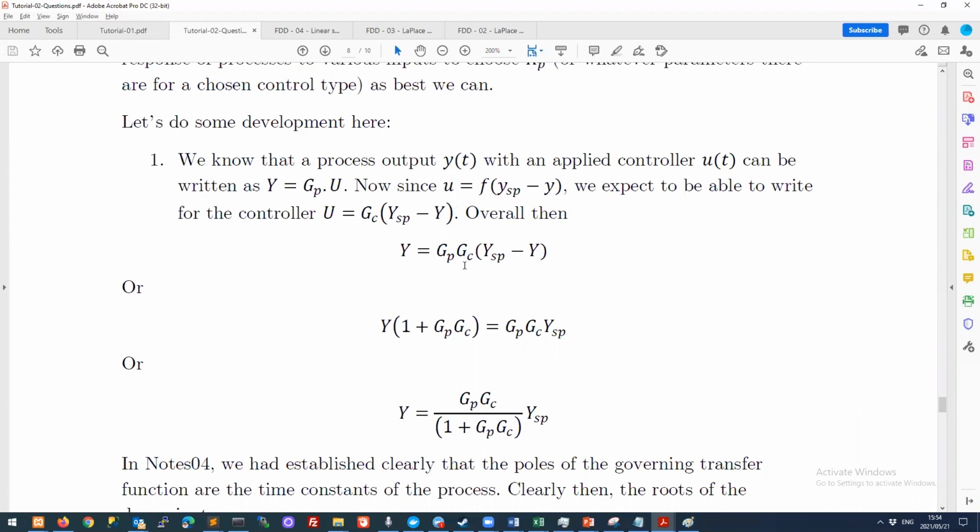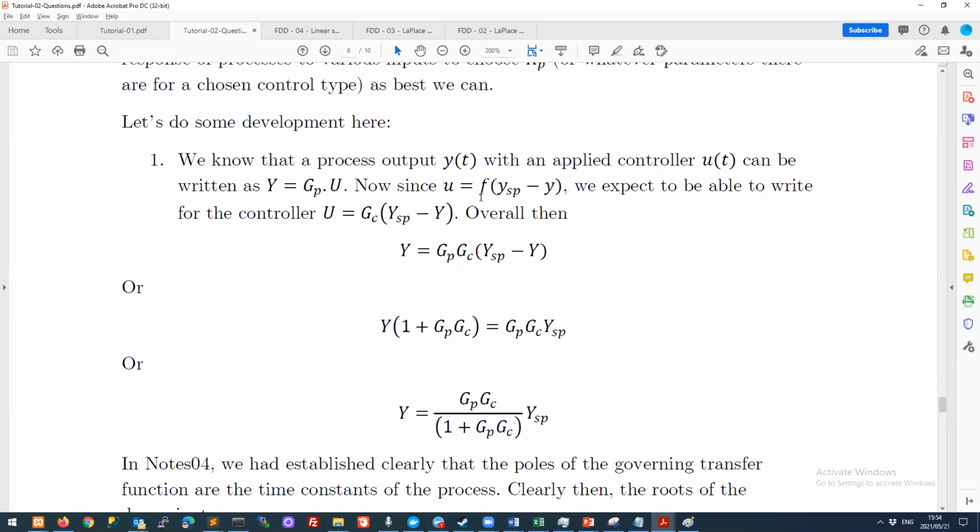Of course, you take this across and you group out the Y. So Y into, and then the 1 from here, and then this is a minus here because it's set point minus that, so minus Y. So the GPGC, so that's there, and then GPGC, and then left over is the YSP, right? And just remember, again, this GP, that's the process, and then GC is the controller.